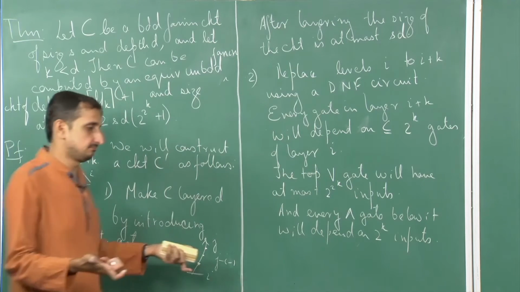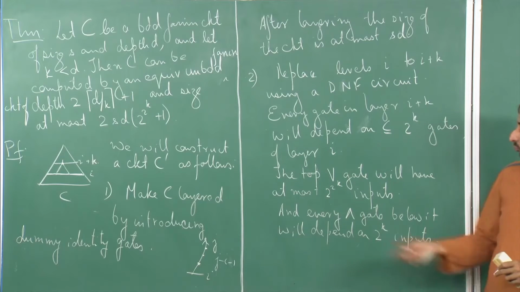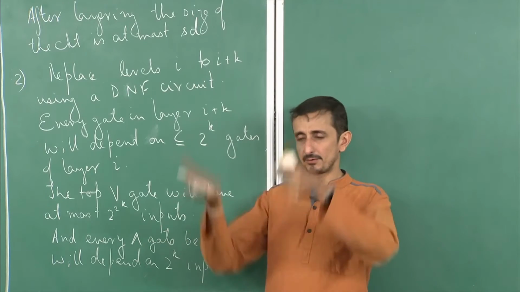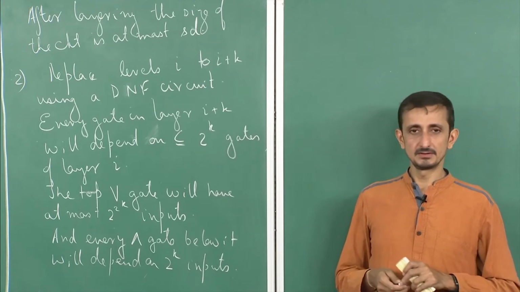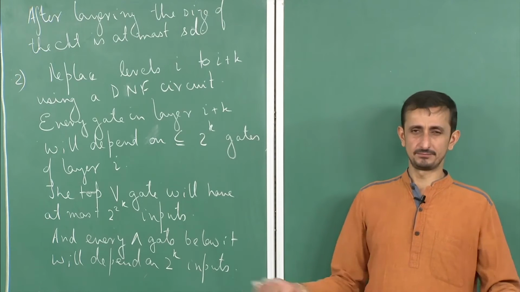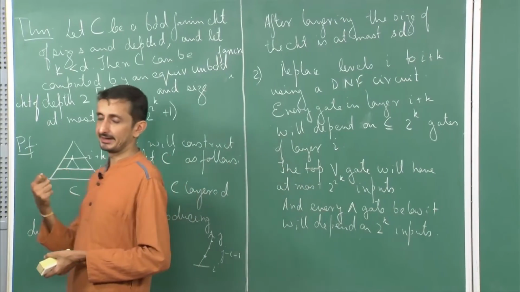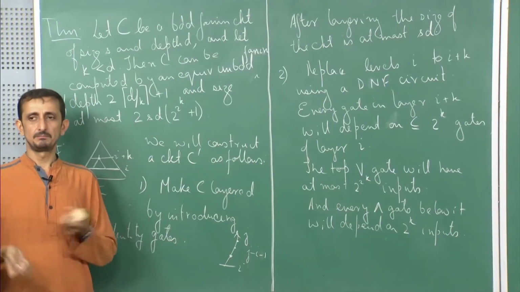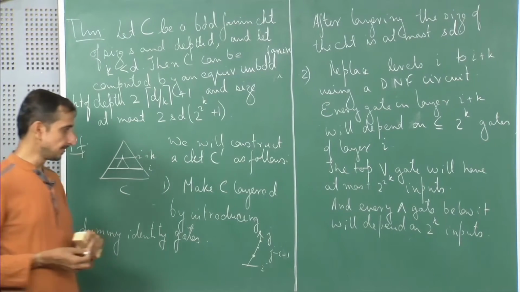Okay. So, basically you can think of it as I have a truth table over 2 to the power k many variables. So, if I want to do a DNF of this truth table, this is basically the size, okay, and then at the bottom I have literals which are either direct edges or maybe negations of something. Okay. So, is this clear?